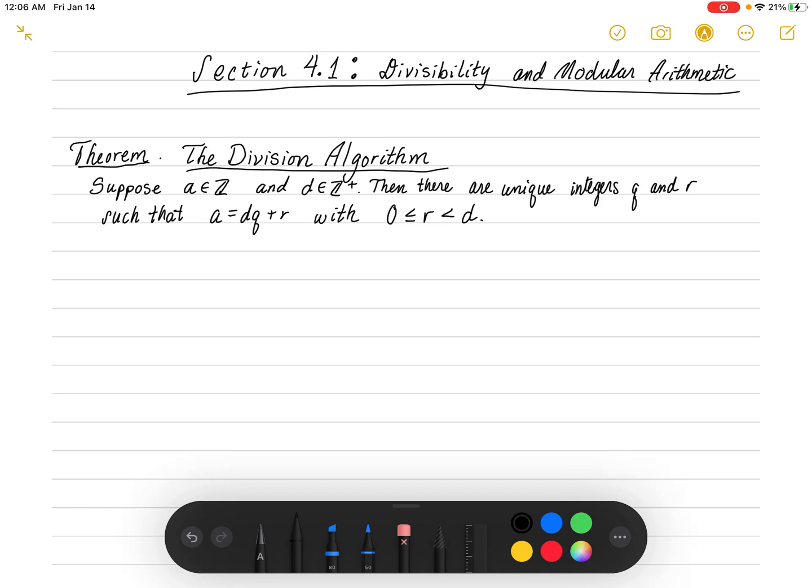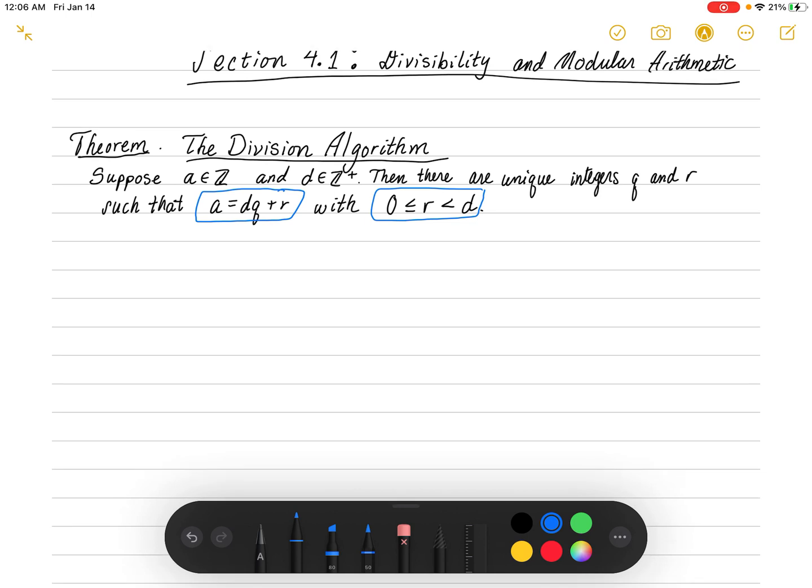So there are two important things going on here. Number one, we have a equals dq plus r. So that's an important equation for the division algorithm. And the second thing I'm going to highlight here in blue is that this r, which is called the remainder, must be greater than or equal to 0 and less than d. d is going to be the divisor.